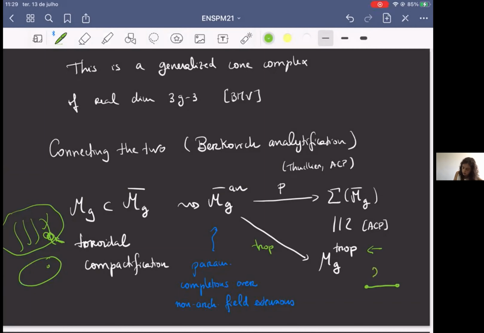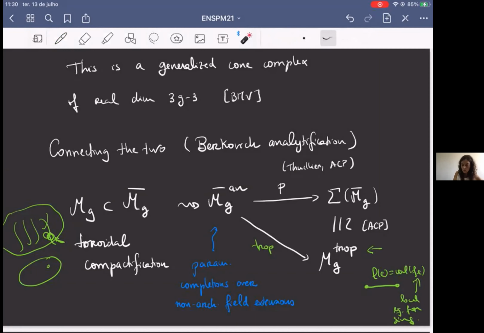So the length of this edge would be the valuation of f if locally at the singularity that you had in the beginning, you would have a local equation given by this parameter. So this would be a local equation for the singularity. So this is really something intrinsic. That's my point.